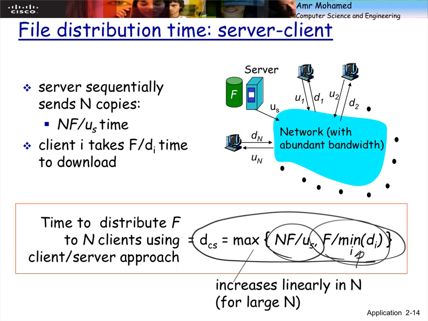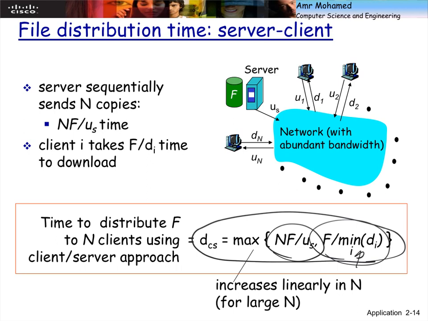Especially if we're talking about server distribution of file content, this server has certain capacity. So at the end, after maybe 100,000 users, 1 million users, the server may shut down or may go out of order. Okay, because the client-server approach is usually non-scalable for very large numbers of clients.